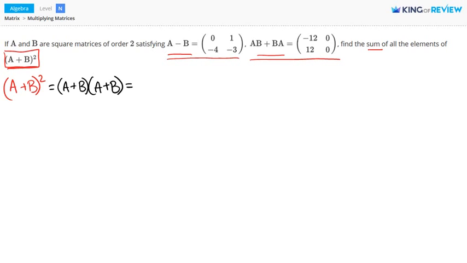F is first, a times a, that's a squared, plus O is outer, a times b, or ab, plus I, which is inner, so b times a, or ba, and L is last, so that's b times b, or b squared.